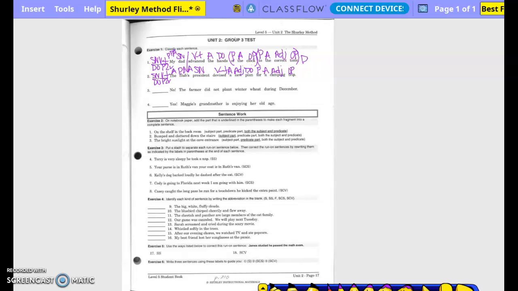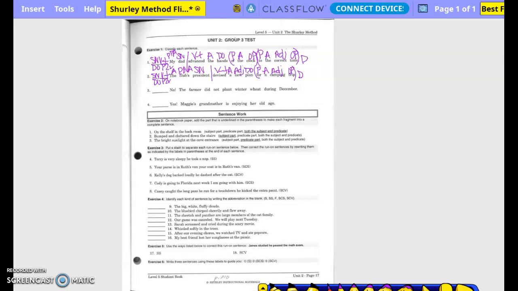Let's see, for a camping trip. Period. Go back to the verb. Divide the complete subject from the complete predicate. And divide. Is there an adverb exception? No. Is this natural or inverted order? Natural. No, the farmer did not plant winter wheat during December.